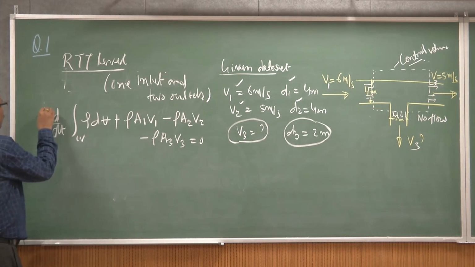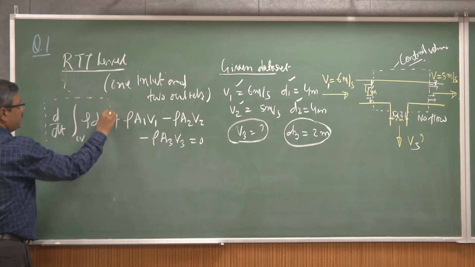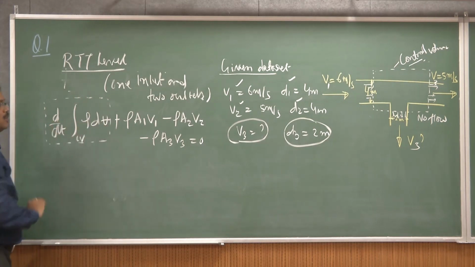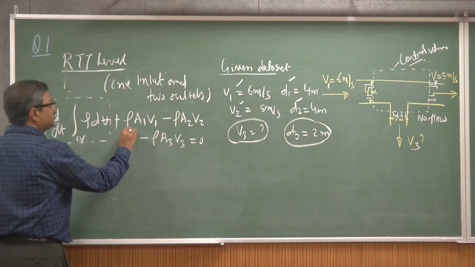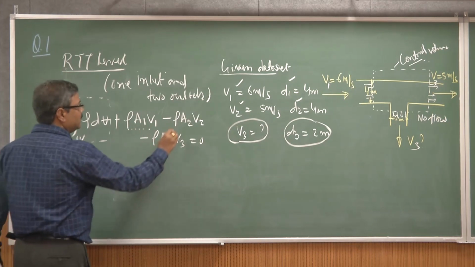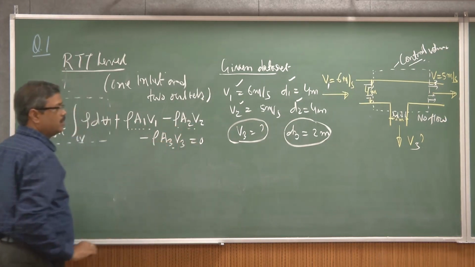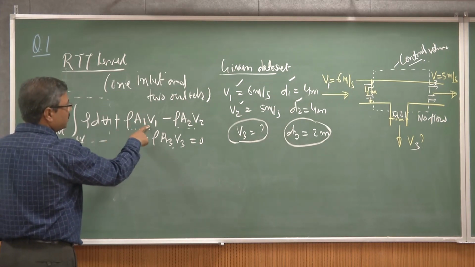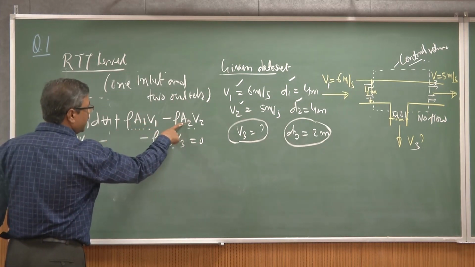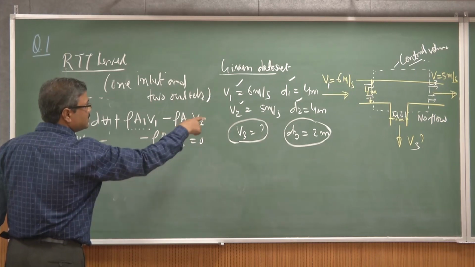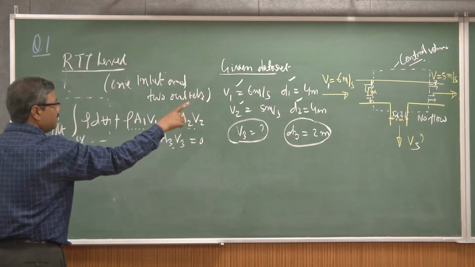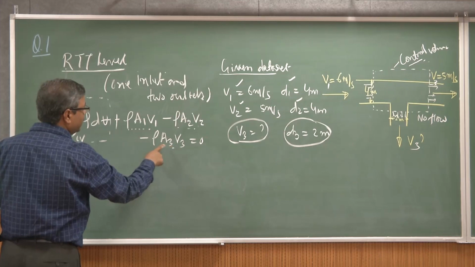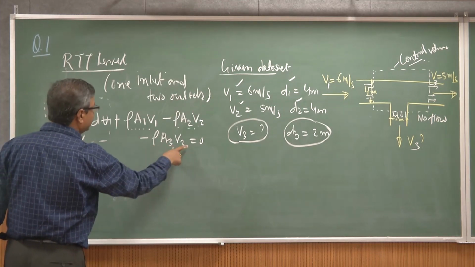This is the change in mass storage within this control volume. This is the influx mass. These two are the outflux mass. So rho A1 V1, that is the mass flux. Rho A2 V2, this is the mass flux outgoing at A2. Similarly, we have the rho A3 V3.